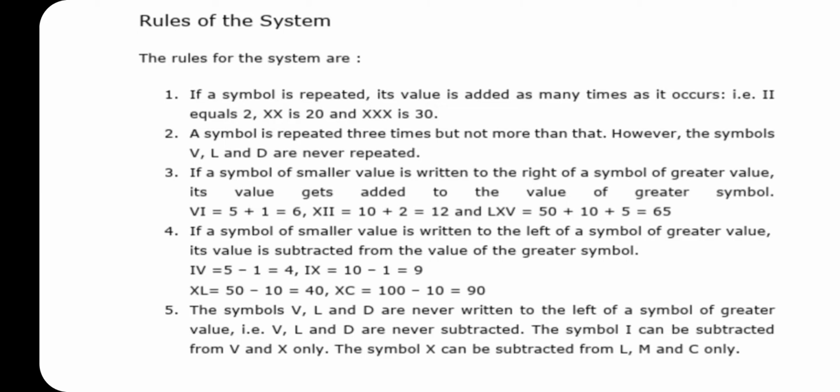Third, if a symbol of a smaller value is written to the right of a symbol of greater value, its value gets added to the value of the greater symbol. For example, V with an I is equal to V, which stands for 5, plus 1, that is I, gives you 6.